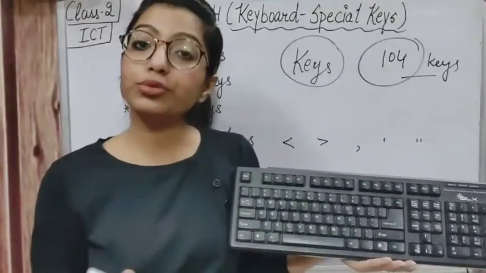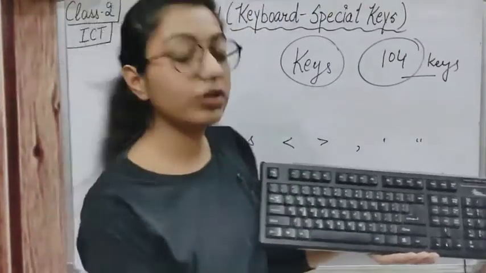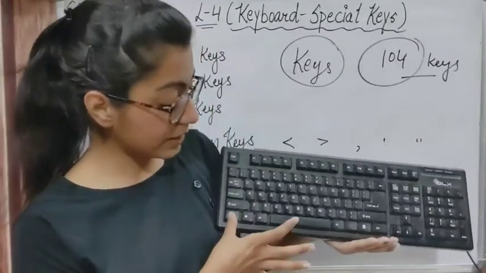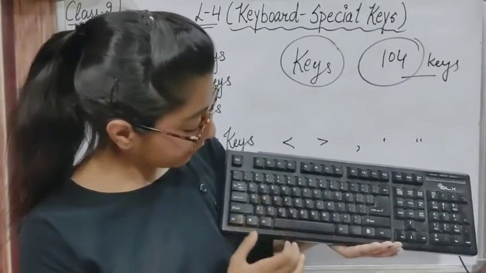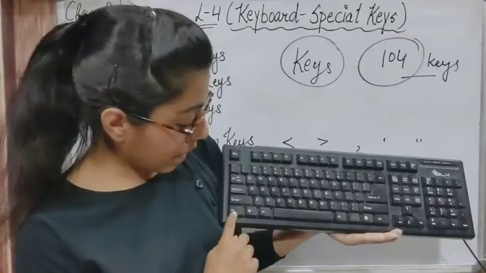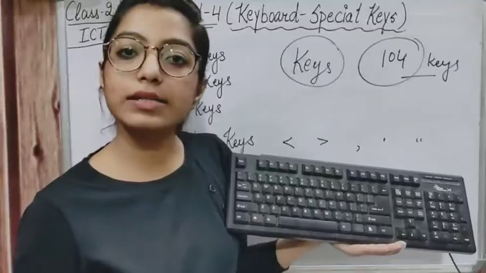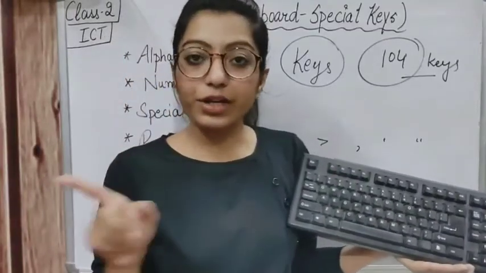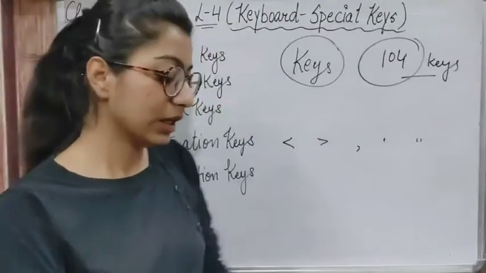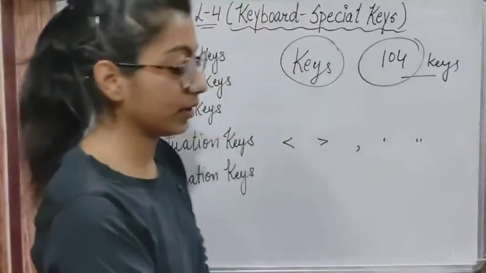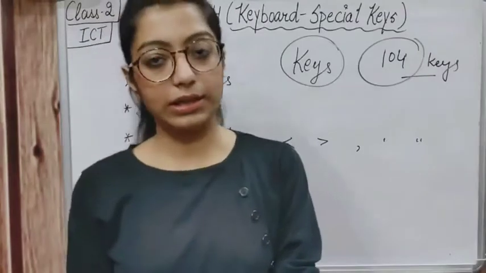If we want to save in a very short time, with the shortcut keys, what we can do is press control and S. We can press either of the two control keys. Save starts with S, so control plus S, and your file will be saved in the computer, but you have to give the name by typing the letters.